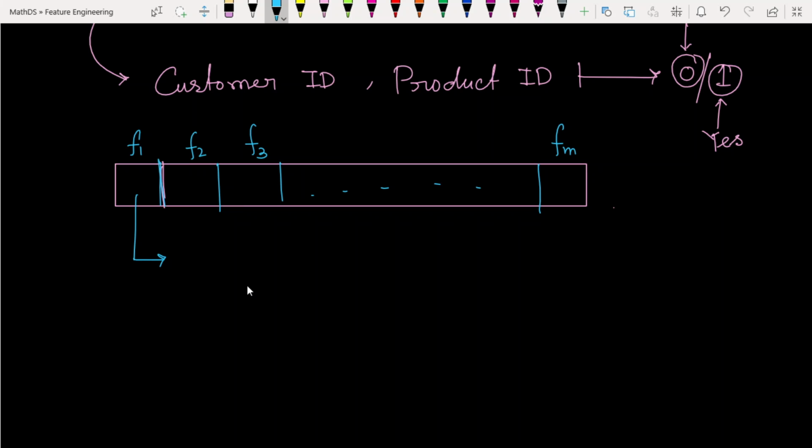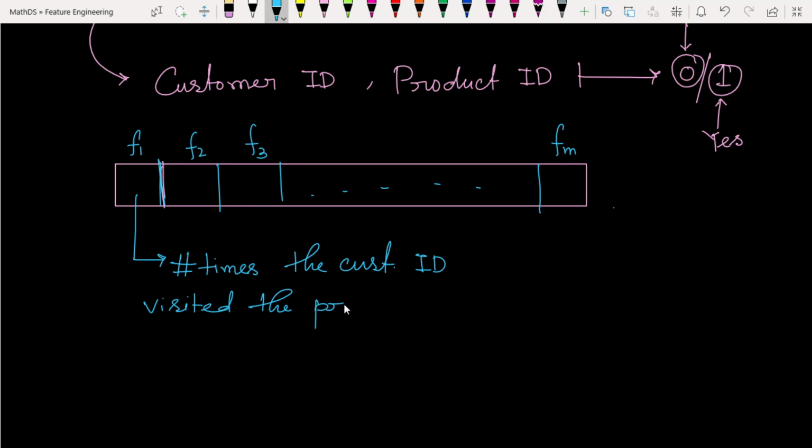How many times this customer visited or viewed this corresponding product in the last 24 hours. That's the first kind of criterion.